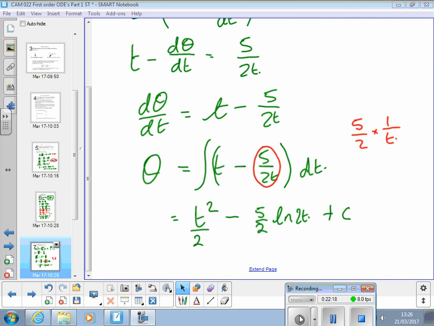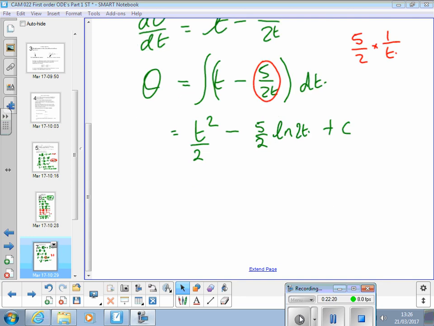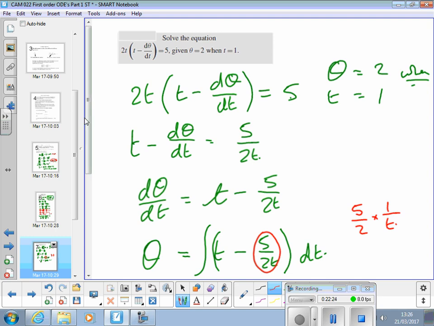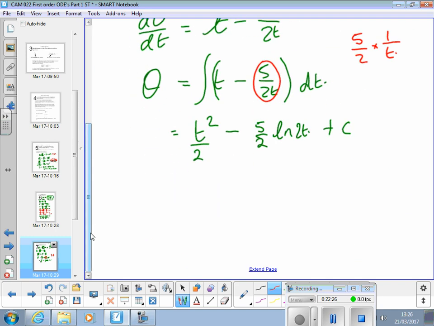Particular solution. We've got theta is equal to 2 when t is equal to 1.